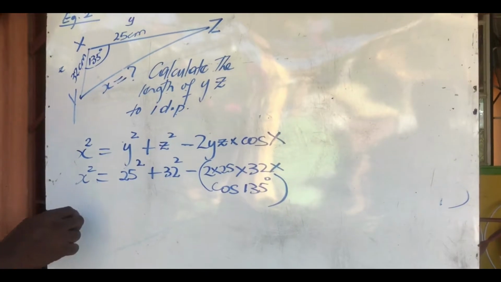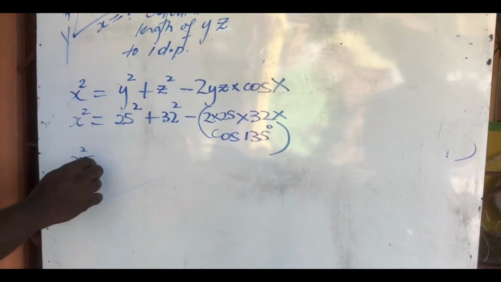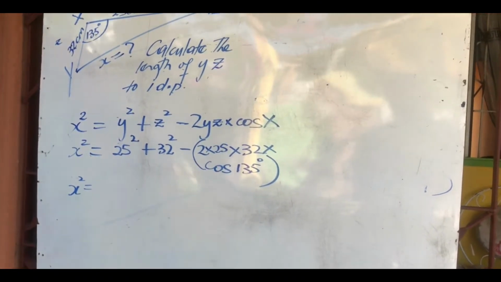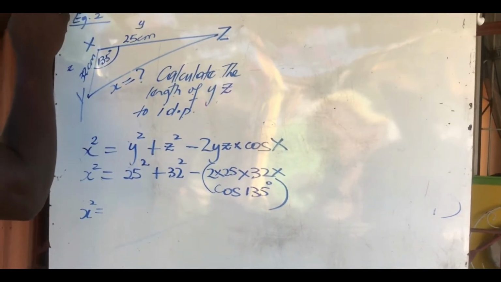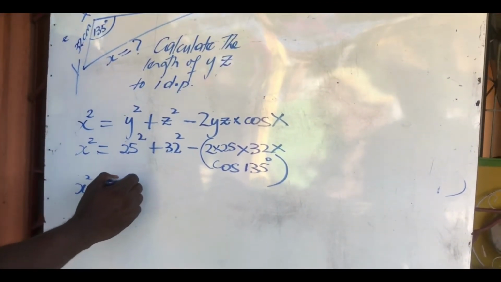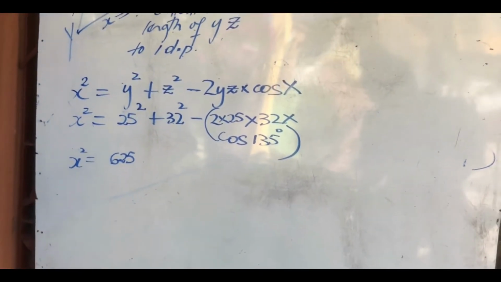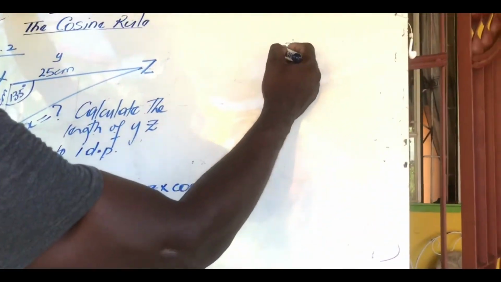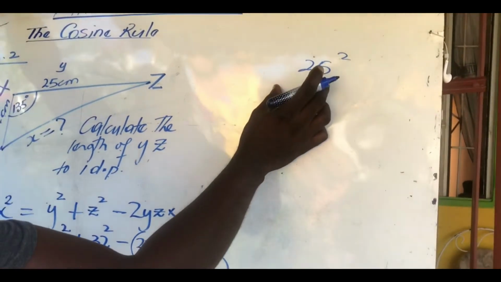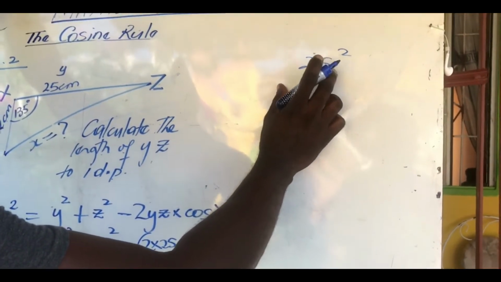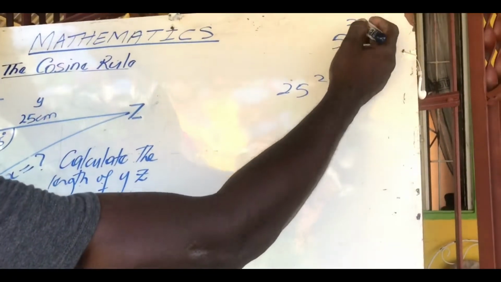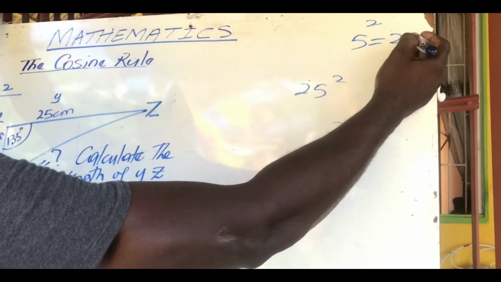Okay, now x squared equals, now 25 squared is 25 times 25. And 25 times 25 on your calculator will give us 625. But if you want to know what 25 squared is without the calculator, we know that any number that ends with 5, the square of that number must end with 25, because 5 squared is 5 times 5, which is 25.